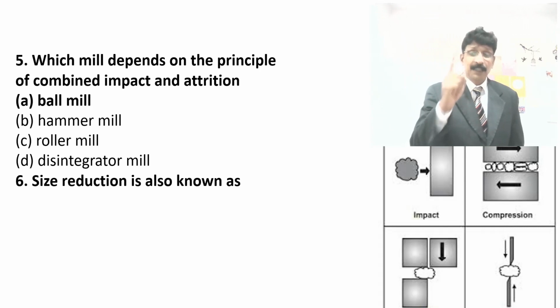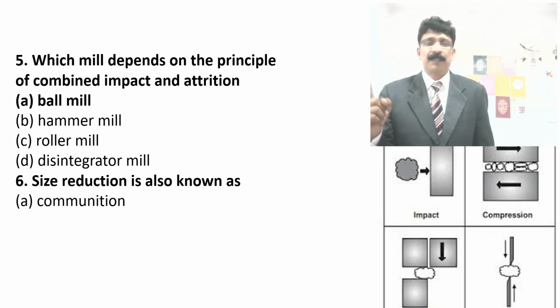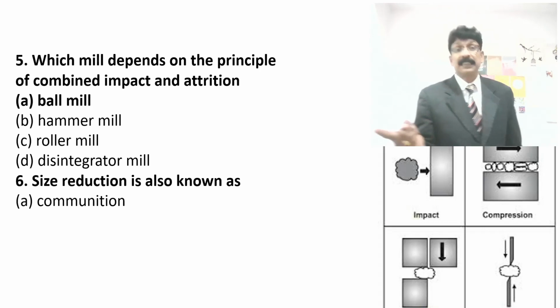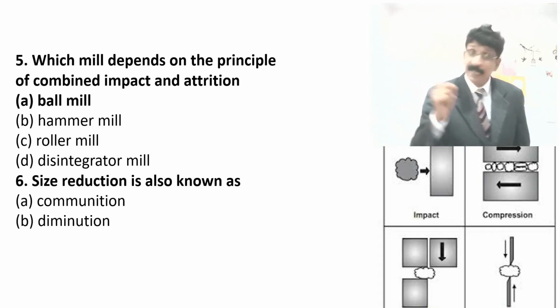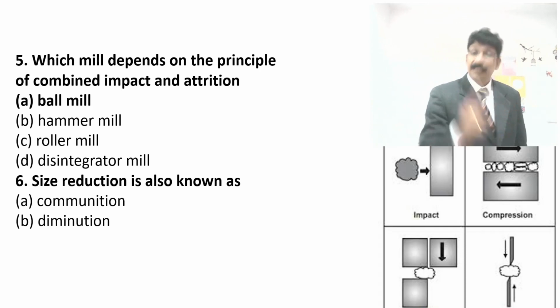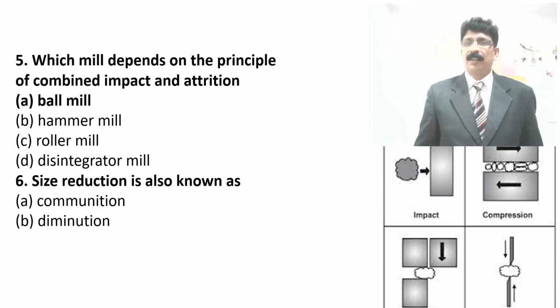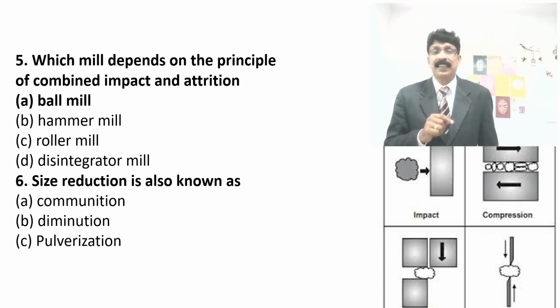Size reduction is also known by other names. Your teacher might have told you there are many words. It is also known as comminution. Size reduction is also known as comminution, and another name is diminution, which in English is also size reduction only. Two answers are almost the same as size reduction.